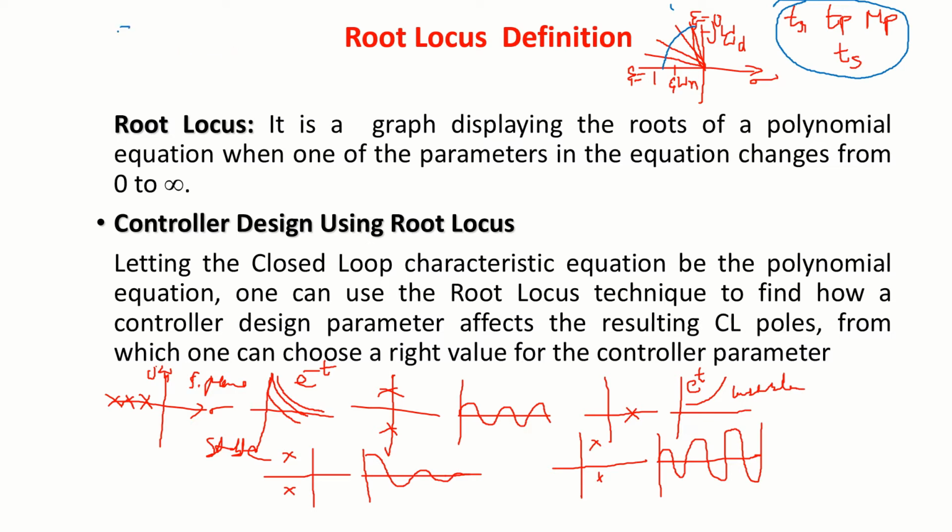Suppose if I have C of S by R of S is equal to, say, K divided by S square, let us say plus 2S plus K. Now this S square plus 2S plus K is equal to 0 is the characteristic equation.